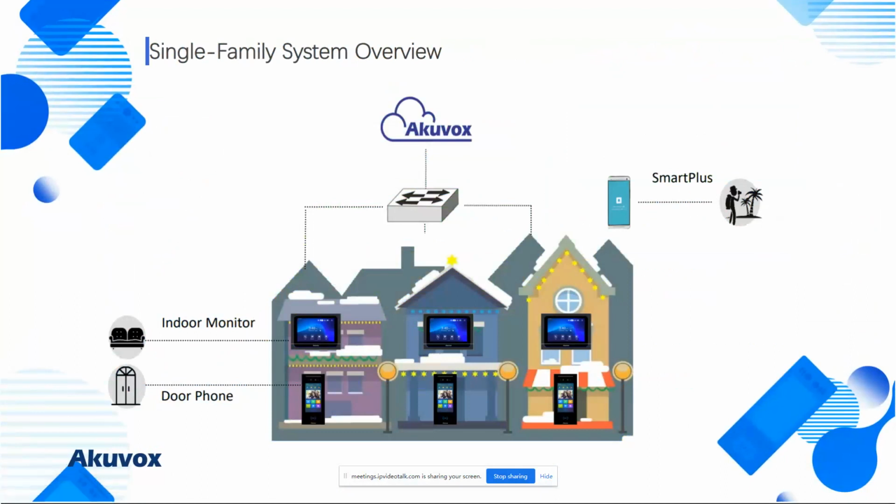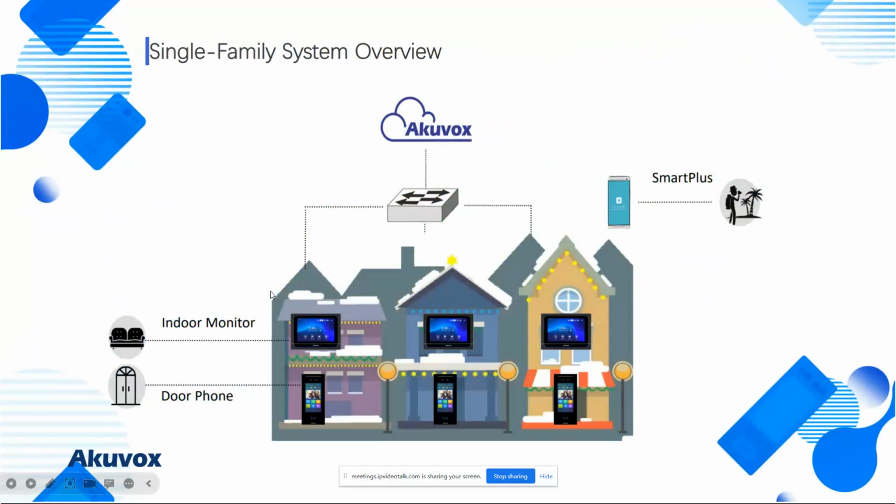So when you set the device under the same place, you call the monitor by IP instead of using a SIP. For example, when the door phone calls the indoor monitor, you won't call a SIP number, you will call 192.168.68 something. So you'll call the device by IP.